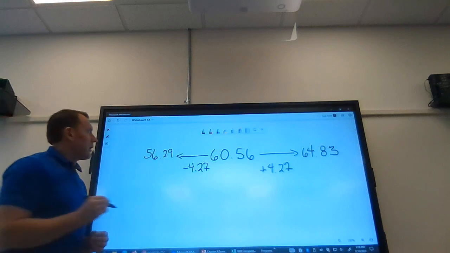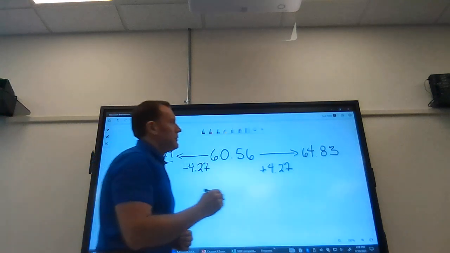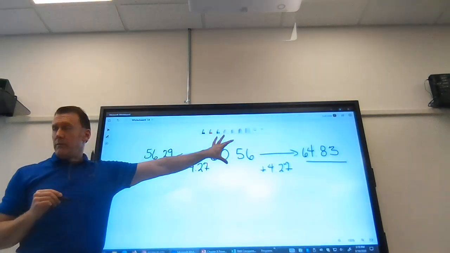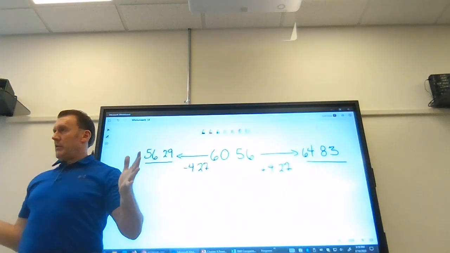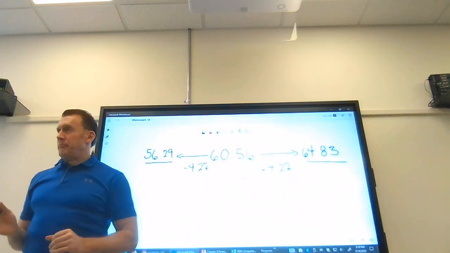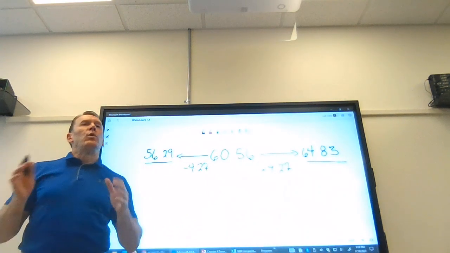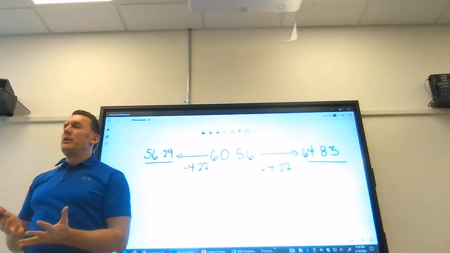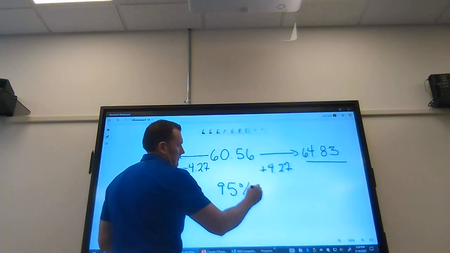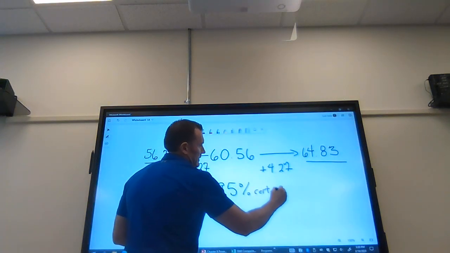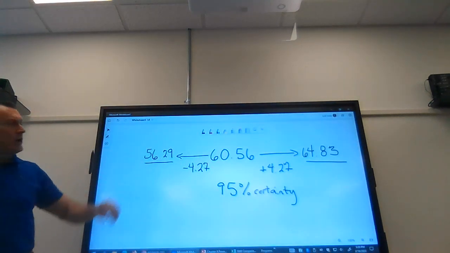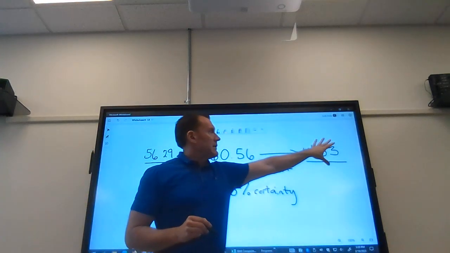Okay, so our confidence interval represents these two values right here. This is the mean of our sample, this tiny sample of 5 national level bodybuilders. That's a pretty tiny sample. If we want to say what the mean of the larger population is, we can say we are 95% certain that the mean of the population is somewhere between 56.29 and 64.83.